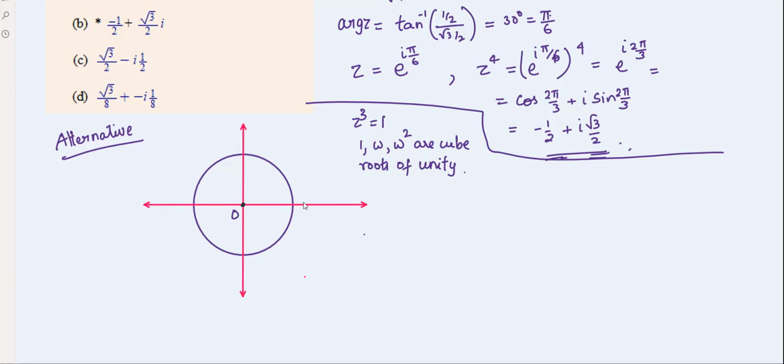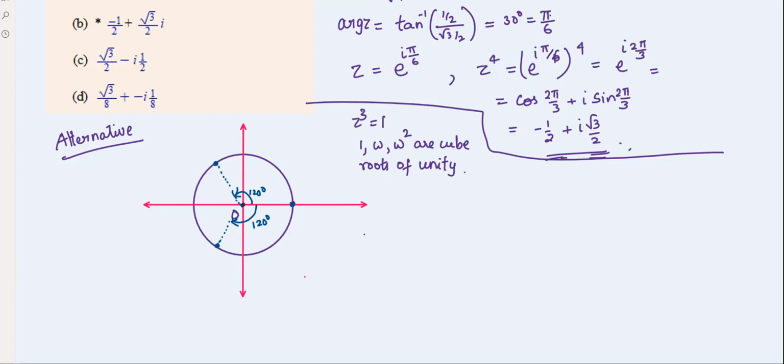Now 1 is one cube root. I will highlight here. Omega will be another cube root, which is at 120 degrees here. And another cube root at minus 120 degrees.